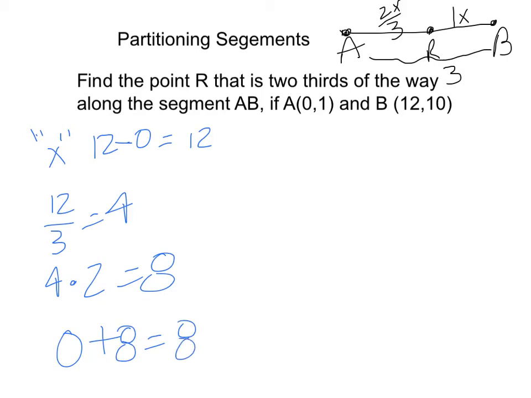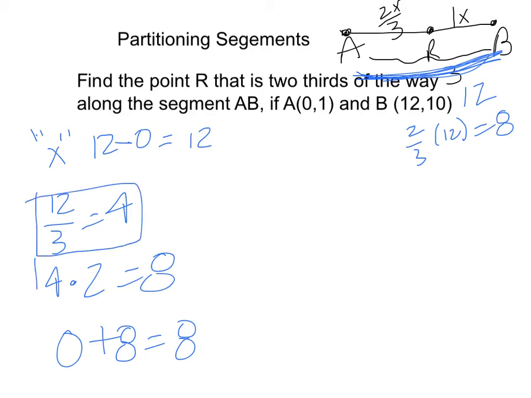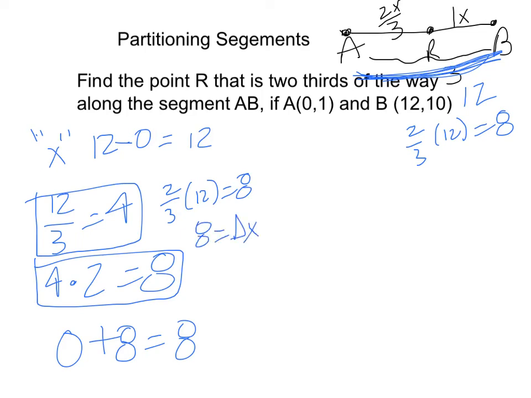If you think about it for a second, as far as the x's go, the total distance in the x's is 12 units. If you wanted to go 2/3 of 12, you would also get 8. That is shown over here in this divided by 3 times 2. You could also do 2/3 times 12 equals 8 if you want. This 8 represents the change in the x's.